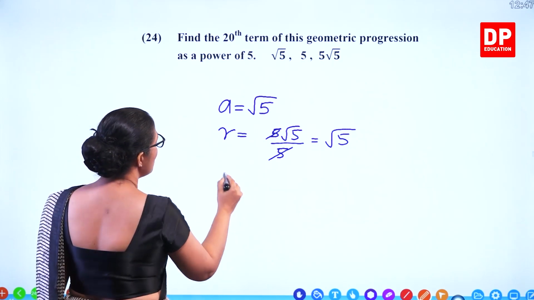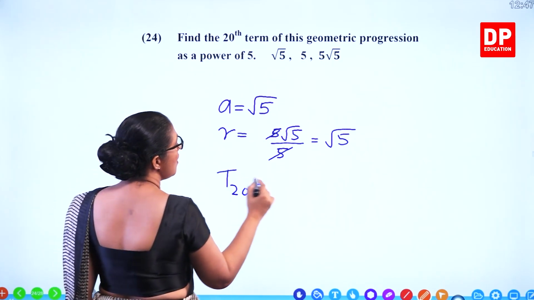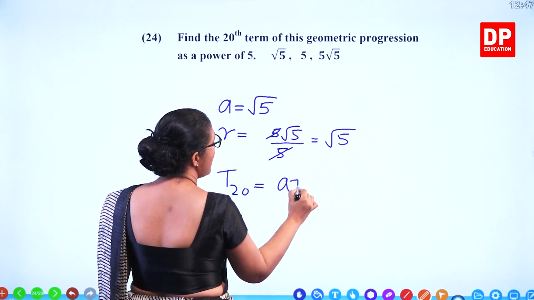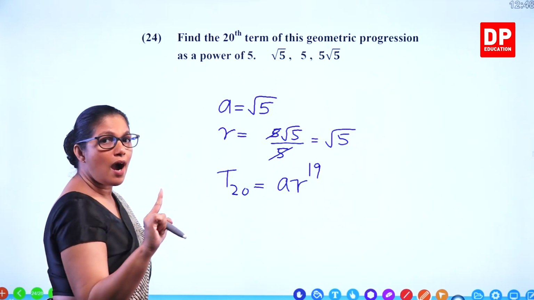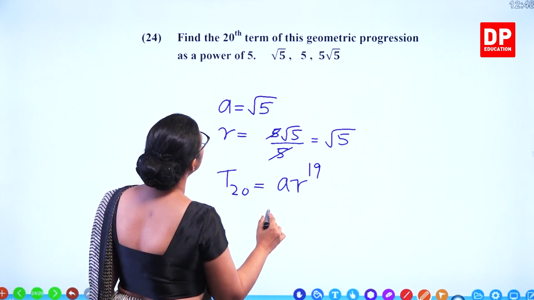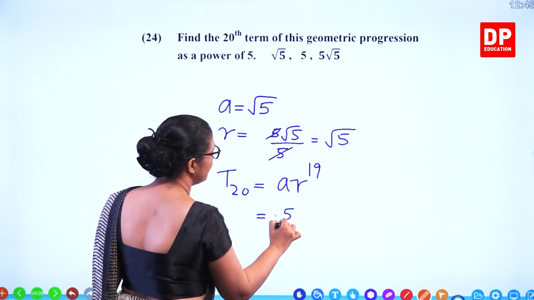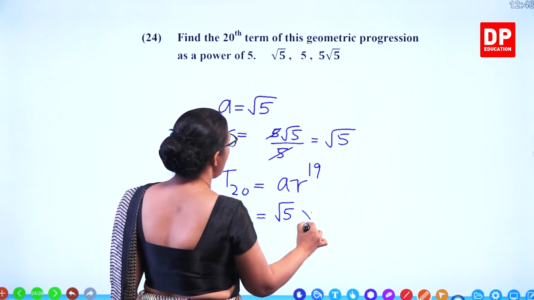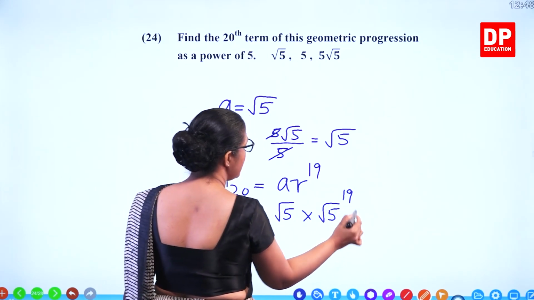So how do you find the 20th term? T20 is first term and common ratio to the power 19. r to the power n minus 1, 20 minus 1. So a is root 5, r is also root 5 and power 19.